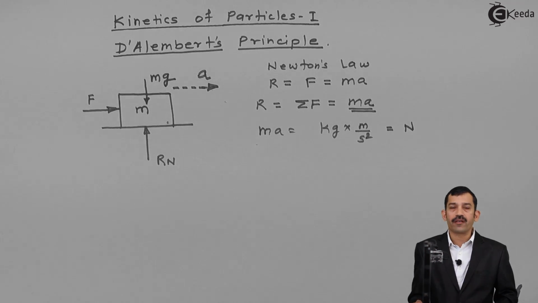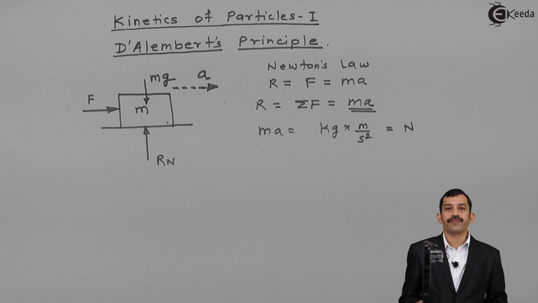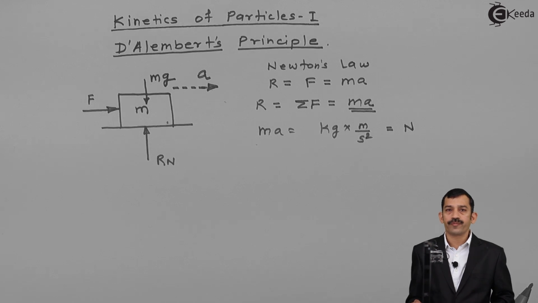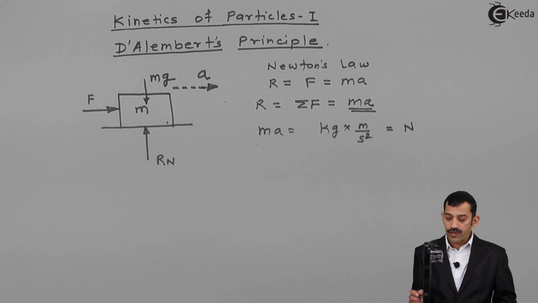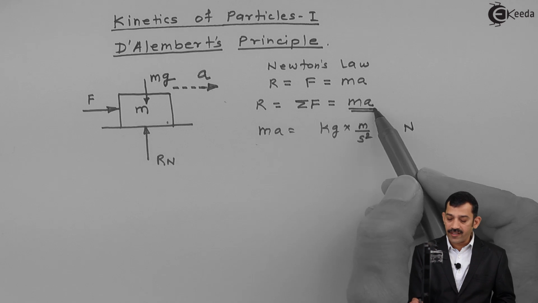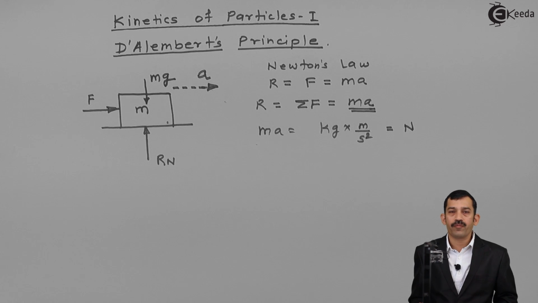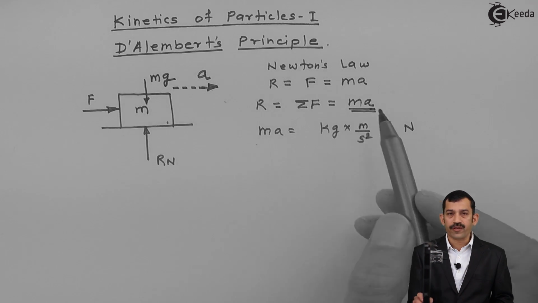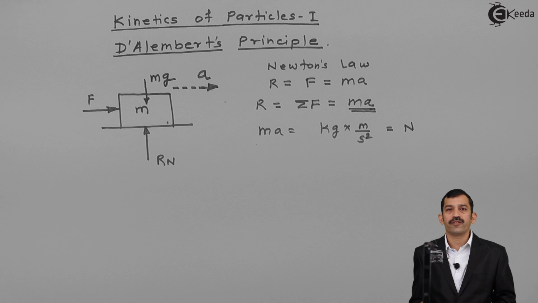That means the ma term we are getting on the right hand side is also a force. Now you get this force whenever there is an acceleration a. If the body doesn't accelerate, the resultant force is 0. In a problem of static equilibrium, acceleration is 0, and you get the equation of equilibrium as summation of forces, meaning resultant force, equal to 0 when the body is in equilibrium.